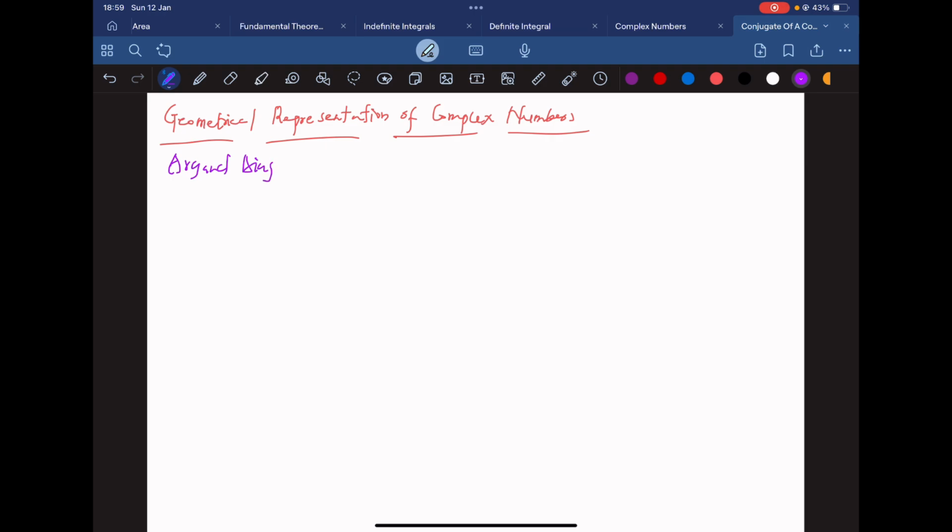We can also call this the Z-plane, or we can also call it the complex plane. So these are the same thing. Okay, so it always looks like this.